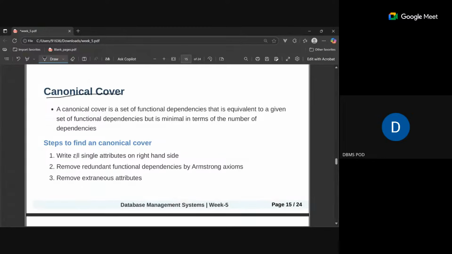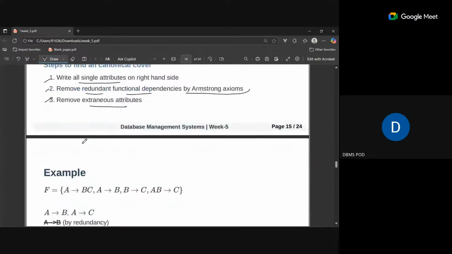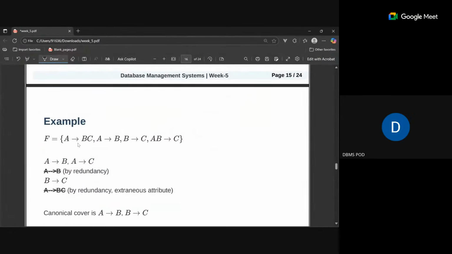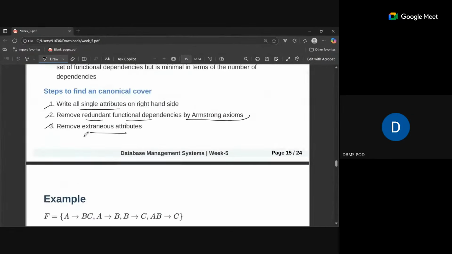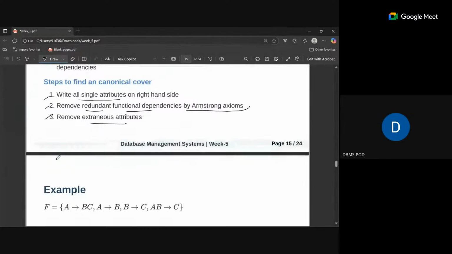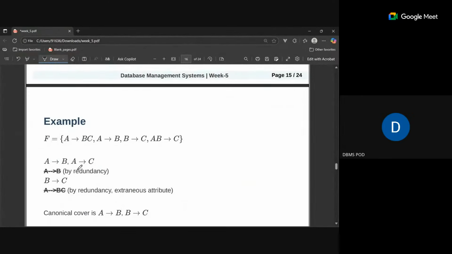You can minimize by removing the extraneous attributes and the redundant functional dependencies using Armstrong axioms, and you can write all the single attributes on the right side. These are the steps. We'll see this with an example that covers all three. You need to follow all three to come up with a canonical cover.